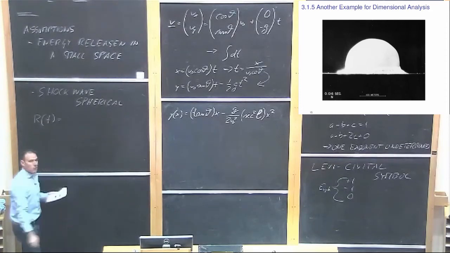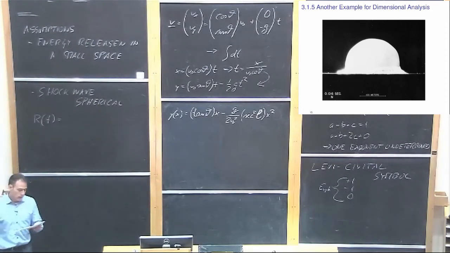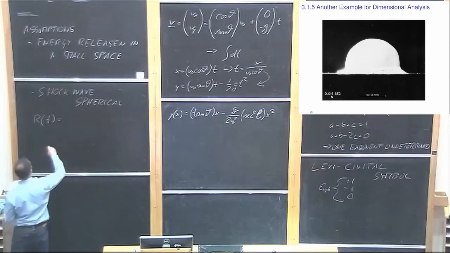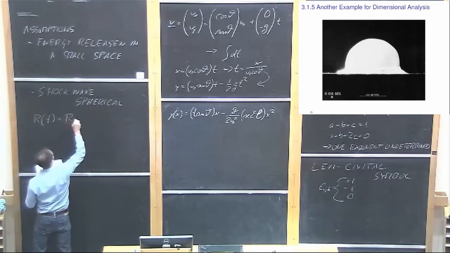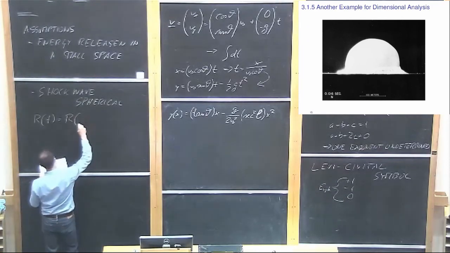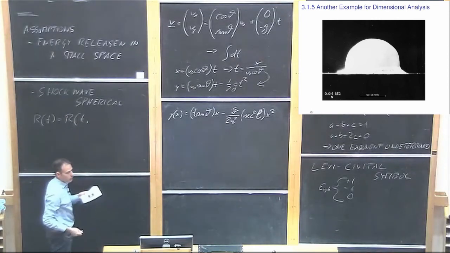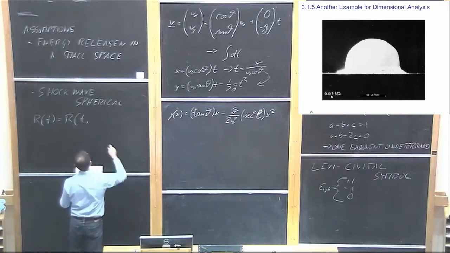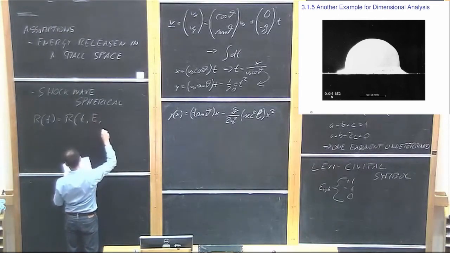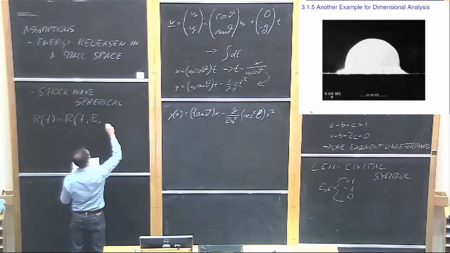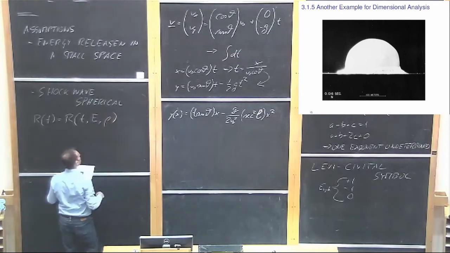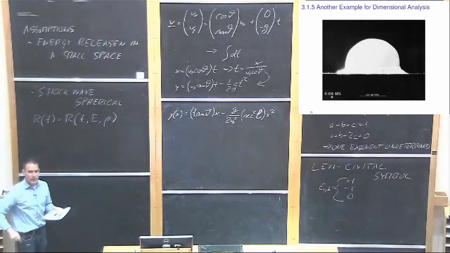Now, what are the input factors for this radius? So r is, well, we have time. If we go longer in time, we expect the radius to scale. We have some initial energy that goes in there that's released in a small space, and we have some density of the air that's being displaced.